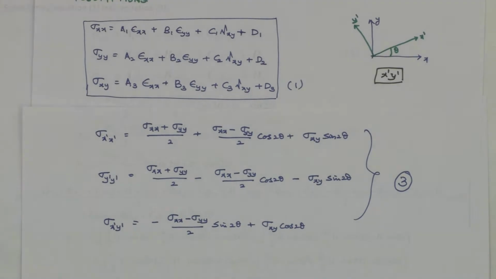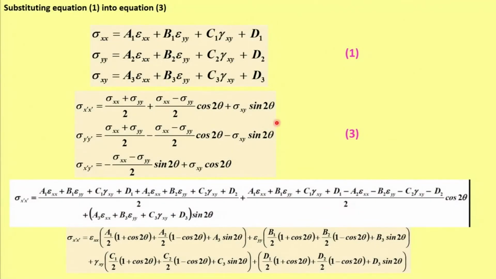getting back to the slides again, you will get this. If you substitute a1 epsilon xx plus b1 epsilon yy plus c1 gamma xy plus d1, whole of this I have substituted, and sigma yy is a2 epsilon xx plus b2 epsilon yy plus c2 gamma xy plus d2, and so forth.